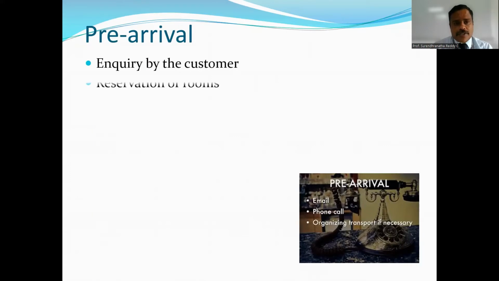They also ask how many days you are going to stay, how many rooms you want, and whether you want to book online or offline. Many things come under pre-arrival. Once you are interested and want to book the rooms, the hotel creates a record, maybe online or offline.